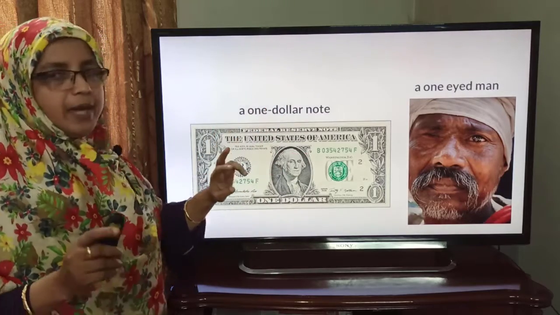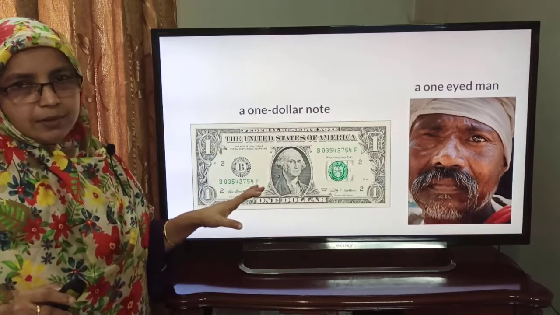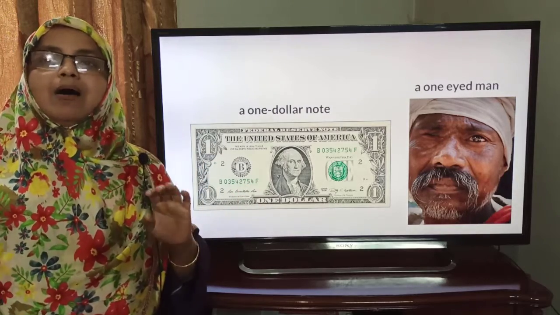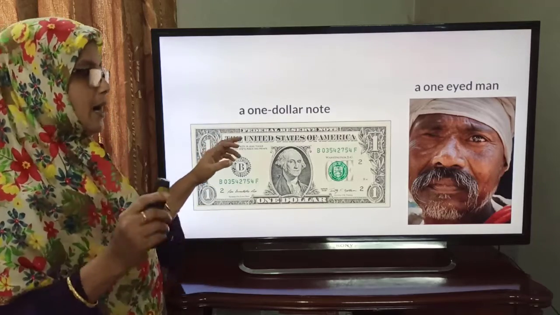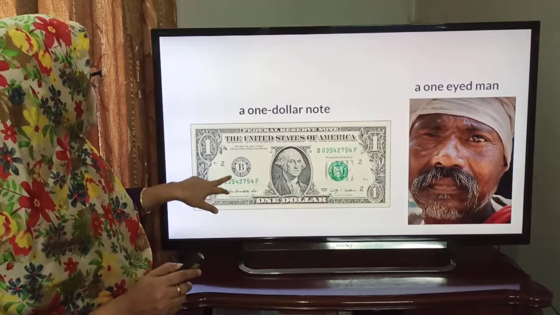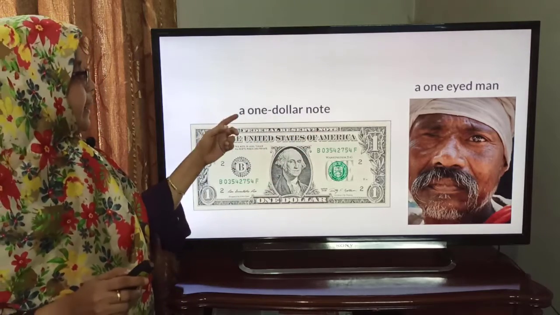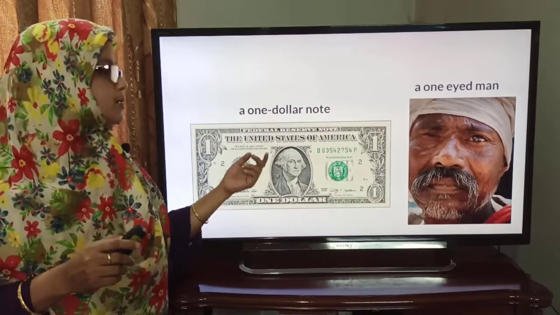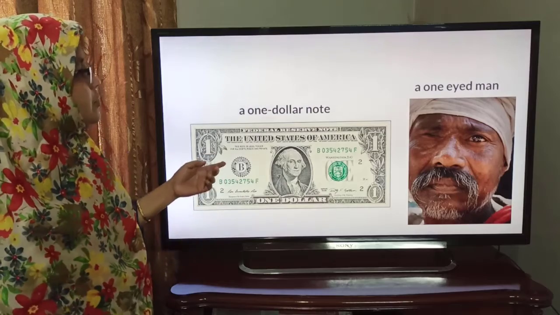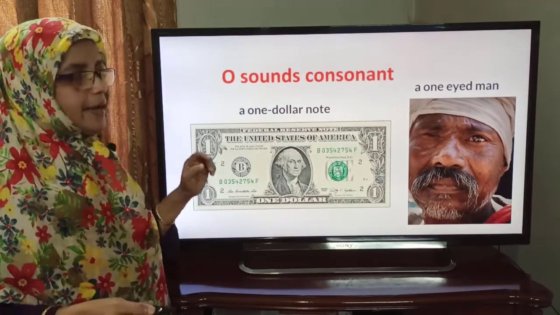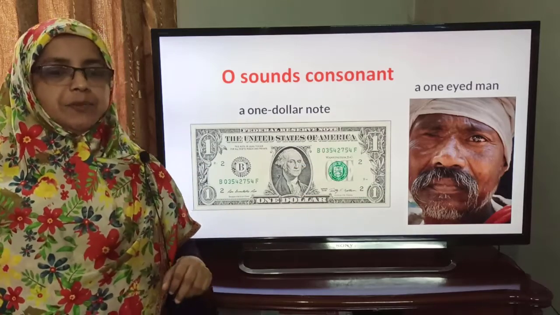O is one of them. But there are some words that begin with a consonant sound. Then we have to use a. Let's see an example. A $1 note. The word one sounds like a consonant, so we have to use a, not an. Another, a one-eyed man, not an one-eyed man. Clear?